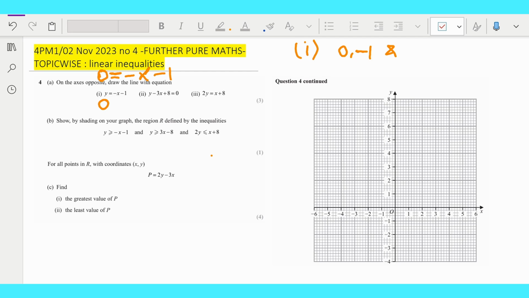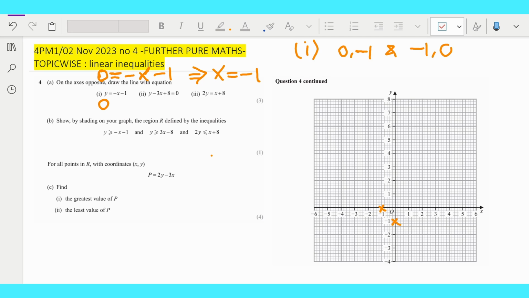So then we can rearrange to get x. We move x to the left-hand side, so x equals minus 1. So our intercept will be negative 1 comma 0. So we just plot negative 1 comma 0 here, and 0 negative 1. So that will be our line.